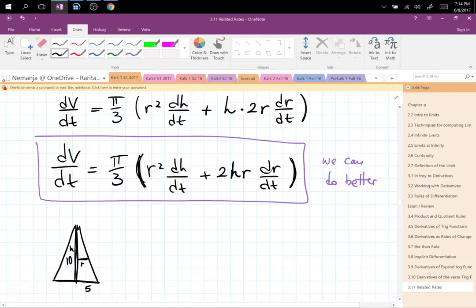So I picked any numbers, 5 and 10, but the problem will give you what the proportions are. I think one of these is in homework anyway. So now you can set up the proportion and say h is to 10 what r is to 5. Which says that h is equal to 2r.